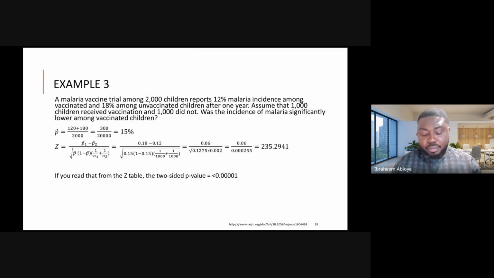But if for the 12% you have a confidence interval going from 8 to 16, and for the second one you have a confidence interval going from 14 to 22, those confidence intervals overlap.